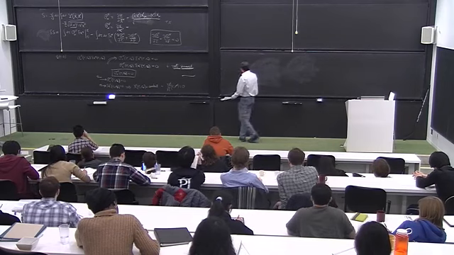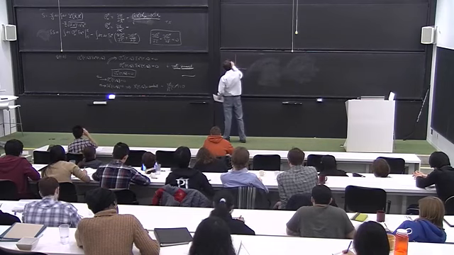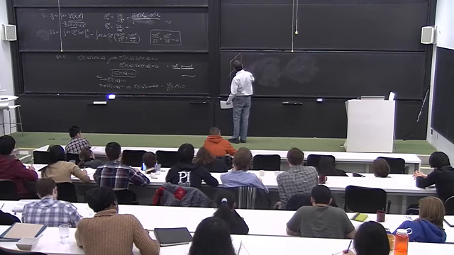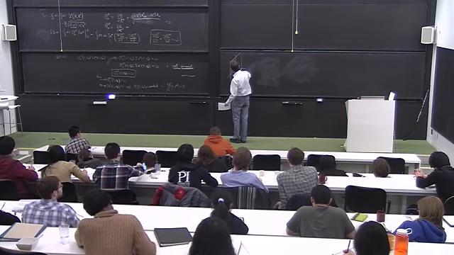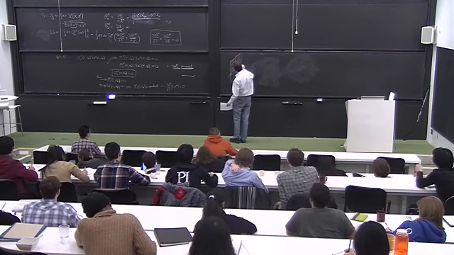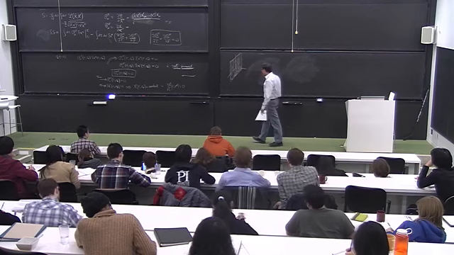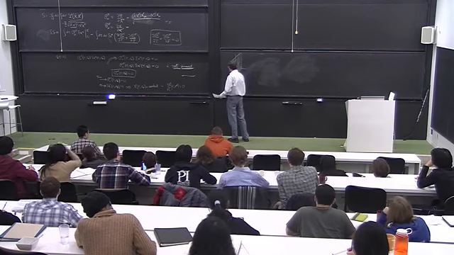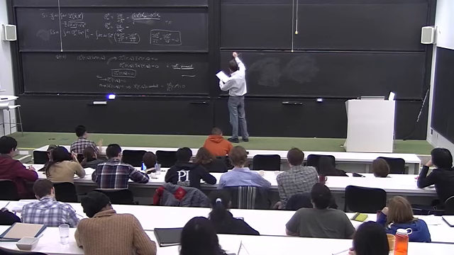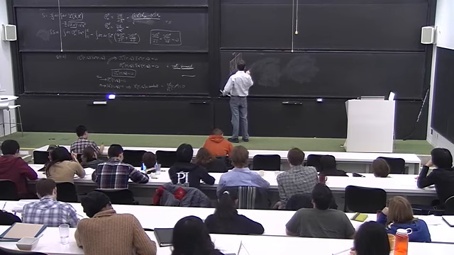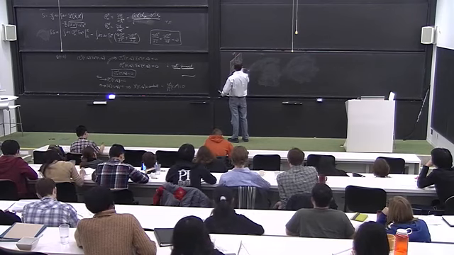So here is a plane, and you have a D-brane, which is just a hyperplane. And I'll put the hyperplane in the x2, x1 direction. And the x3 is normal to the hyperplane.